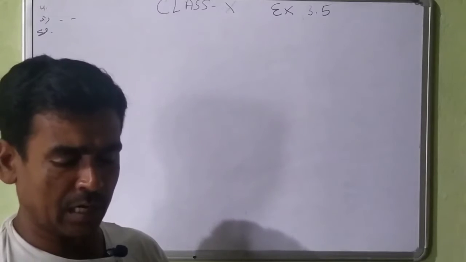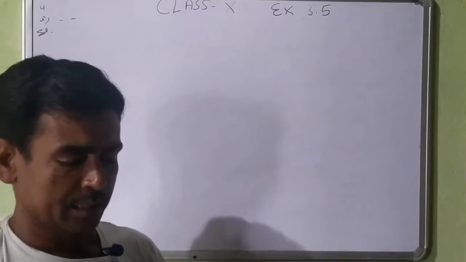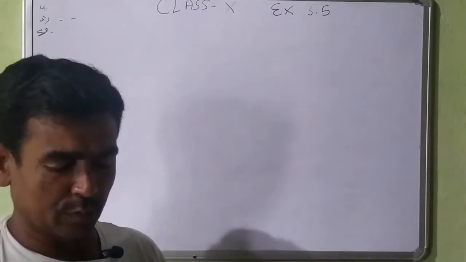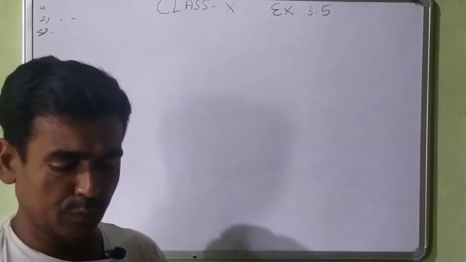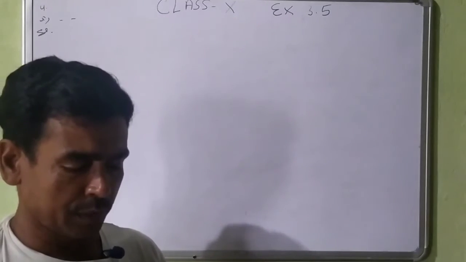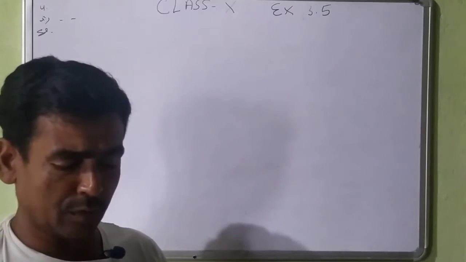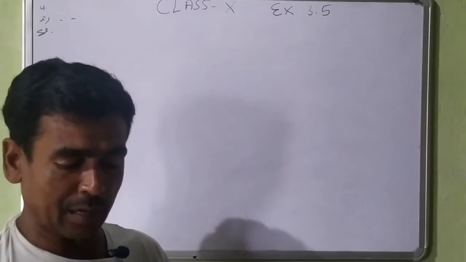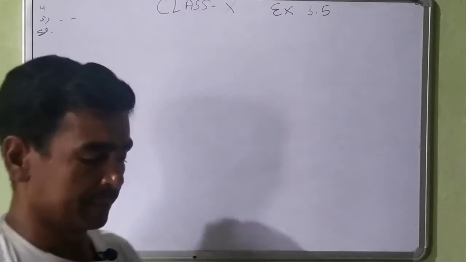When student A takes food for 20 days, she has to pay 1000 as hostel charge. Whereas student B, who takes food for 26 days, pays rupees 1180 as hostel charge. Find the fixed charge and cost of food per day.